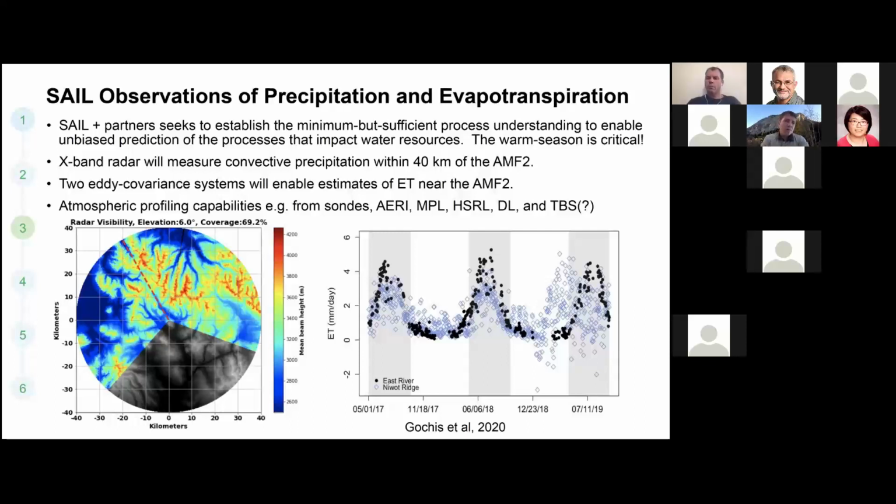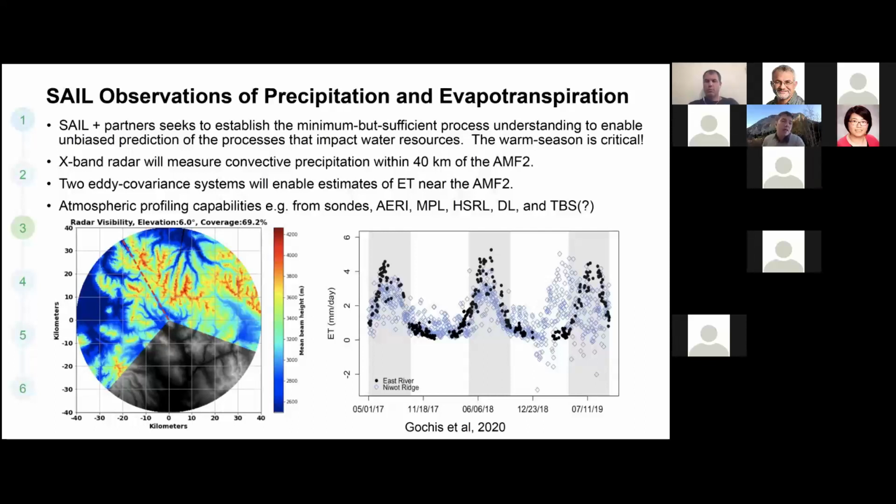One, we'll have a scanning X-band radar system at an elevated location. We did an extensive amount of beam blockage analysis, and there's been a lot of work with siting to get this all lined up. And so we have an X-band radar at a prominent location on Crested Butte Mountain, which is in the center of the area where the SAIL campaign will be located, and we'll have about 40 kilometers of coverage, which will include the AMF2 site.